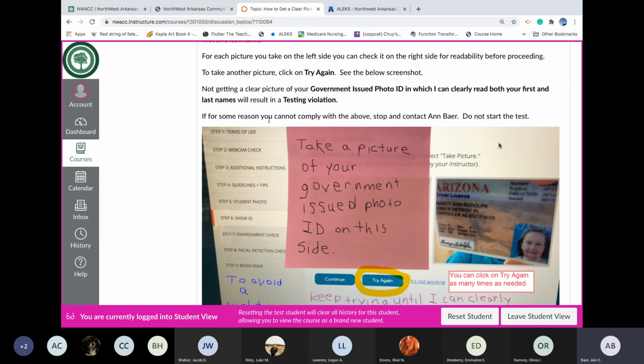If for some reason you cannot comply with getting a clear picture of your government issued photo ID with both your face and your first and last name, stop and contact me. Do not take the test. Do not start the test. There's no reason that you would have to start the test. You're still not in the test, so you can still call me on your phone.